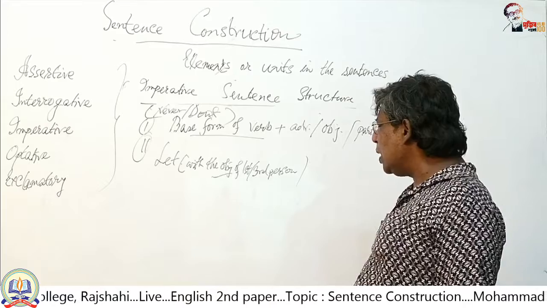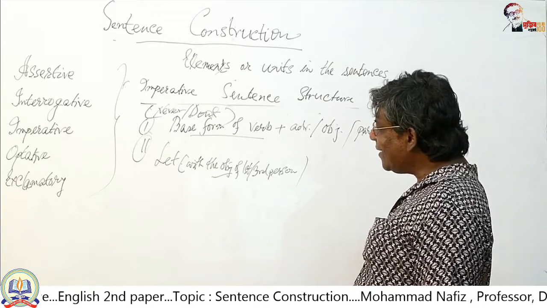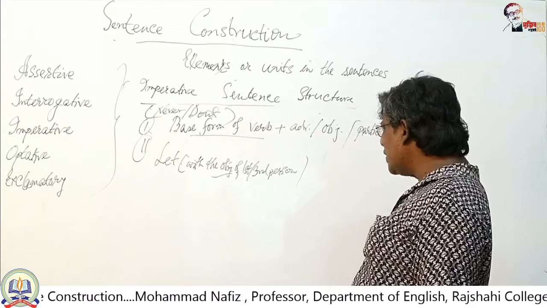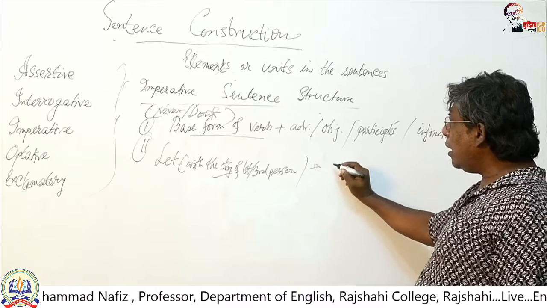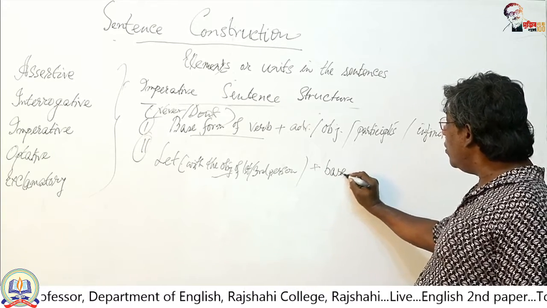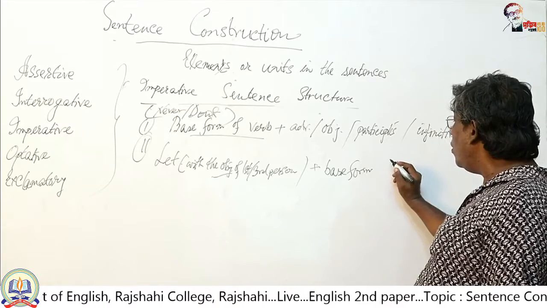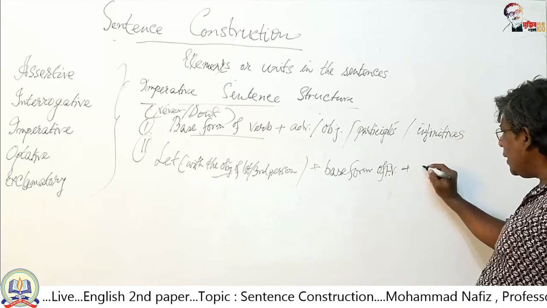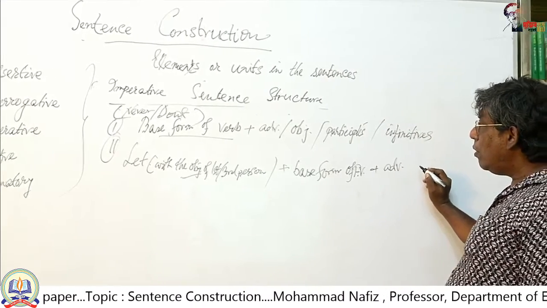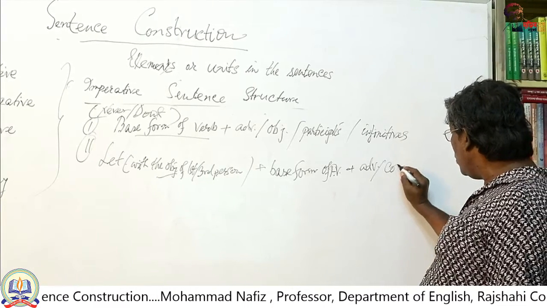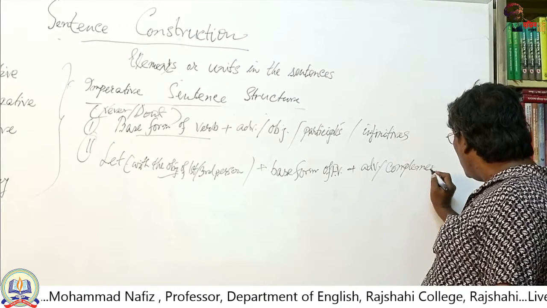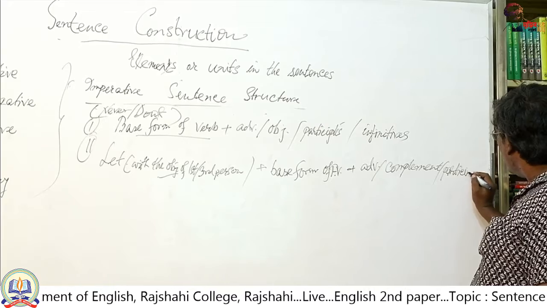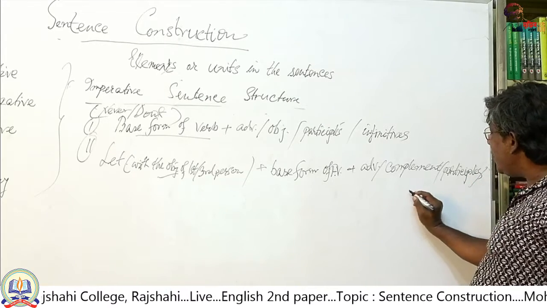That is, all the expressions like us, him or them are in the object form, plus the base form of finite verb, plus again adverb, complement, participles, and infinitives.